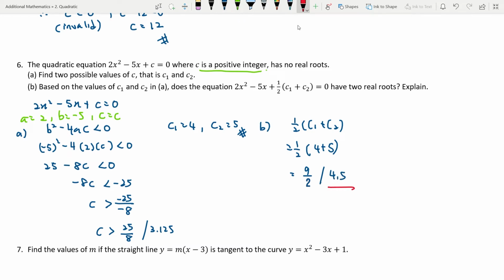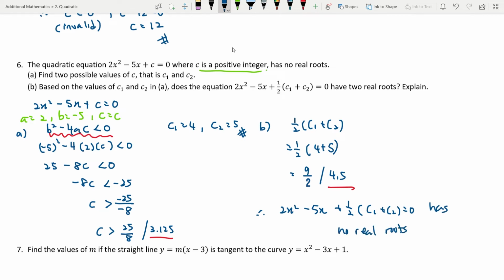This value is greater than 3.125, and it implies that b² - 4ac is less than 0. Therefore, the equation has no real roots.